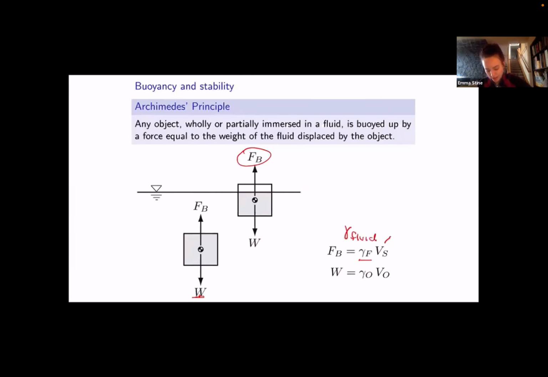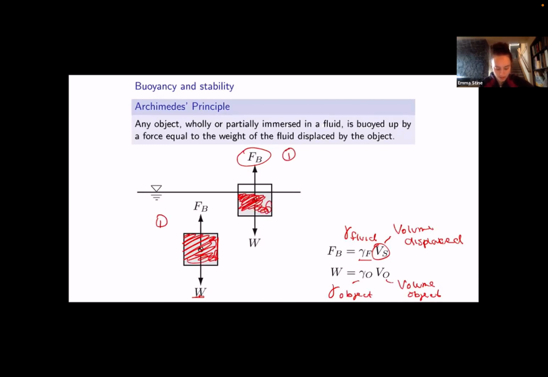Times the volume displaced. And then the weight is what it always is. It's the gamma specific weight of the object times the volume of the object. Just so you know what those symbols are. And then so for both these objects, one thing that we do know is different about them is that the volume displaced is different for each of these objects in the water. For the first one, the volume displaced is this whole entire volume right here. It's the whole entire cube. But for the second one, only this volume is displaced, so it's a little less. So that's one thing we know when looking at this picture.